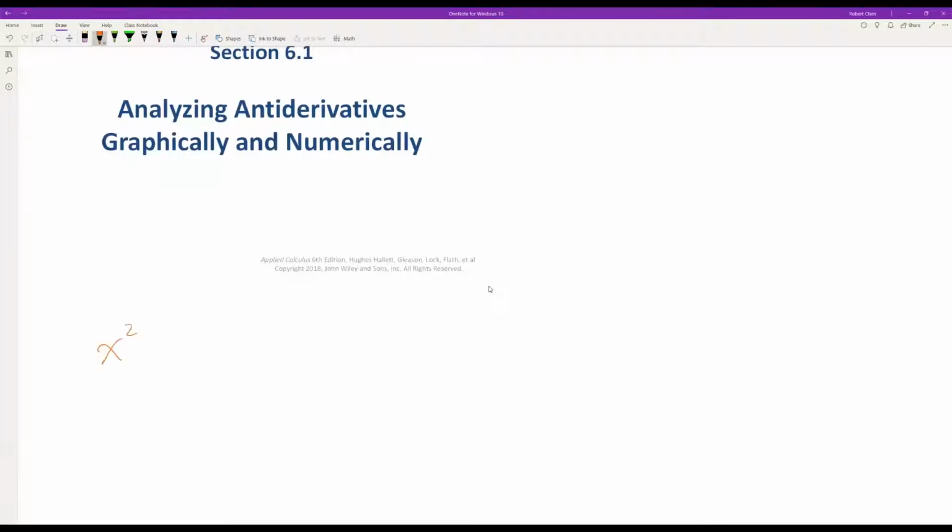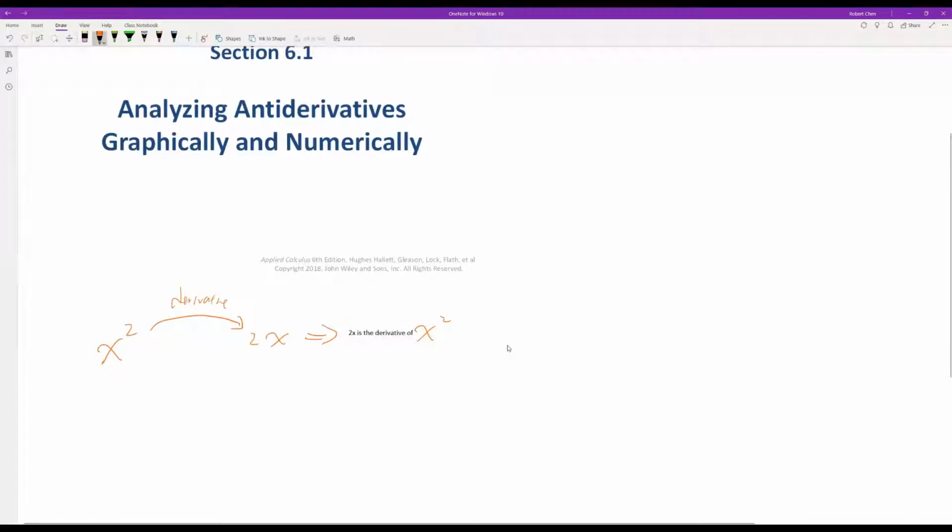x squared. And if we take the derivative, it's 2x, right? So here, in this case, we can say that 2x is the derivative of x squared. Right, 2x is the derivative of x squared.